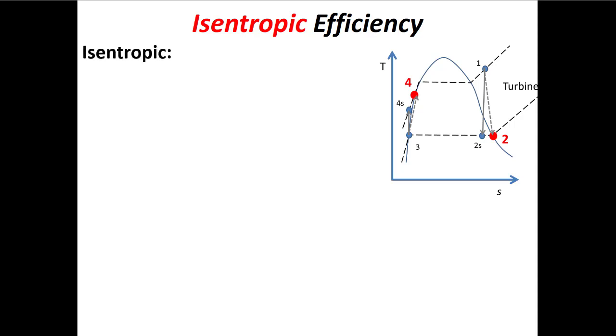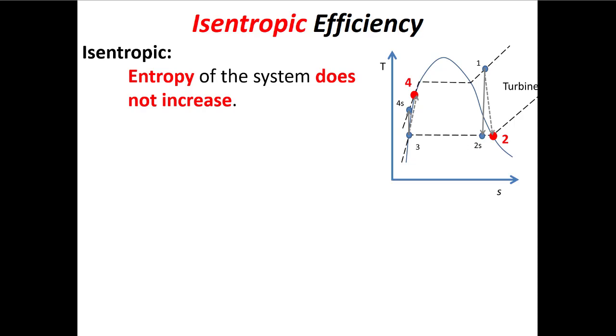We know that the word isentropic means that the entropy of the fluid moving through the system does not increase. So in both the isentropic turbine and the isentropic pump, delta S, the change in the specific entropy, is 0. It's kind of another word for ideal, although technically, to get from delta S equal to 0 to sigma dot equal to 0 in the second law, we have to assume that the process is at steady state, adiabatic, with one inlet and one outlet.